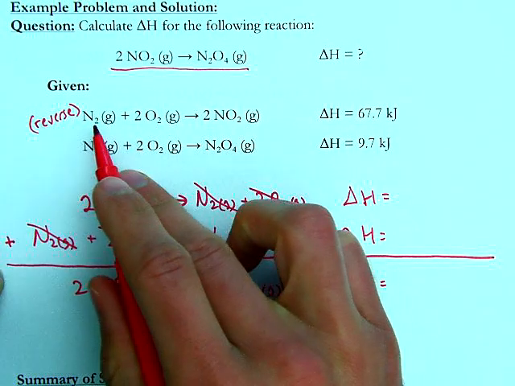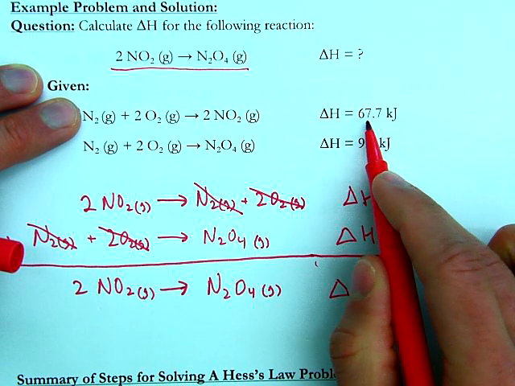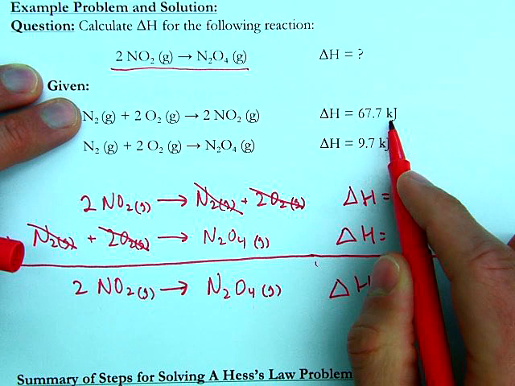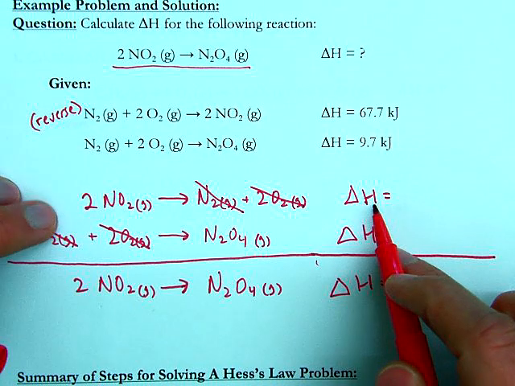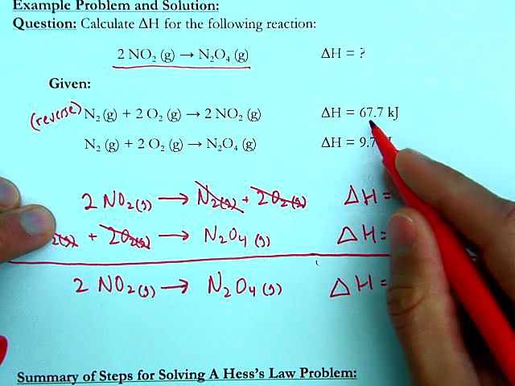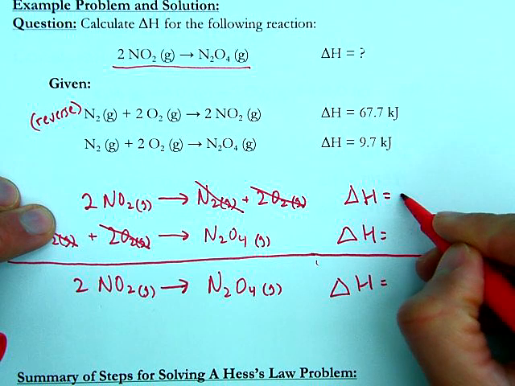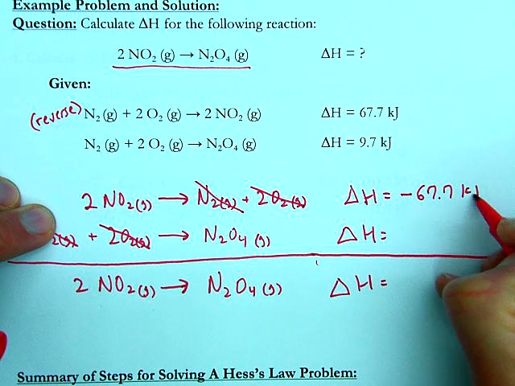So this reaction as written has a delta H of 67.7 kilojoules. Okay? If you do that reaction in reverse, like we had here, delta H sign gets flipped. So instead of being positive 67.7, it's negative 67.7 kilojoules.